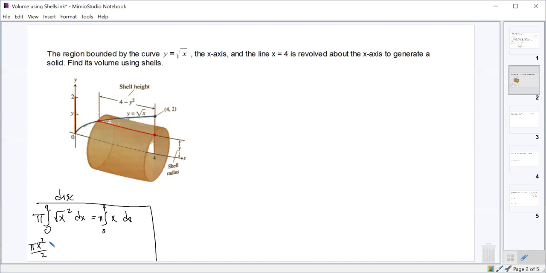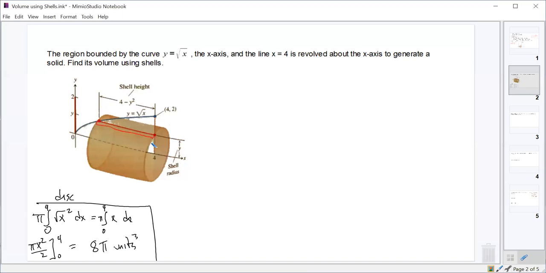Pi x squared over 2 from 0 to 4. And what does that give us? Just 8 pi, right? So using a disk, that's very easy. Using shells is going to be more difficult, but we should get an answer of 8 pi. So let's see if we can figure out how to make this work.